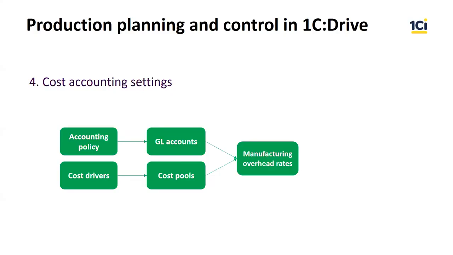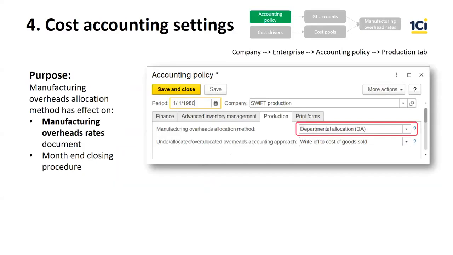Costs can be of two types: costs of direct materials and manufacturing overheads. All the settings we're going to quickly discuss concern manufacturing overheads. So we need to select the manufacturing overheads allocation method in the accounting policy.